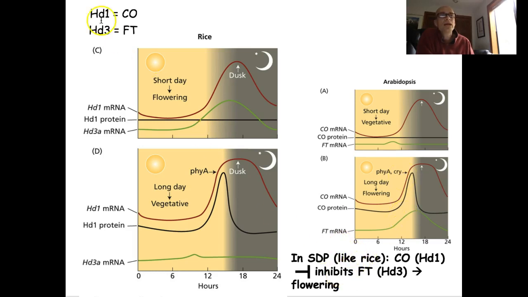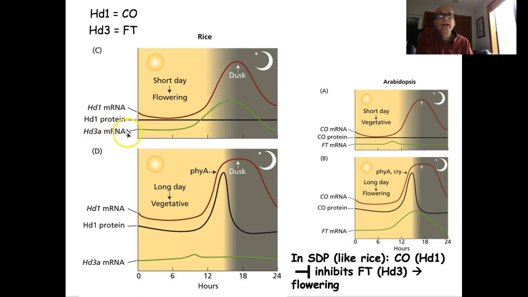In rice, the names for the genes are different. They're called HD, heading, because when flowering in a grass, the head is what is produced. So HD1 is Constans, and HD3 is FT. Those are the homologs in rice to these Arabidopsis proteins.